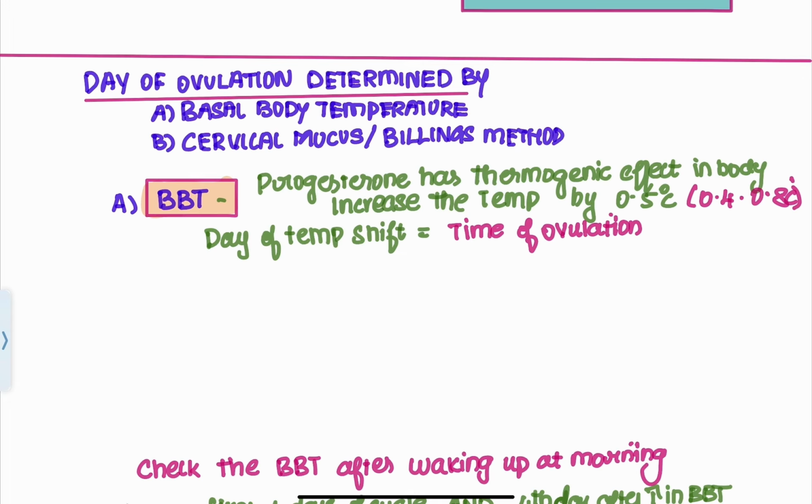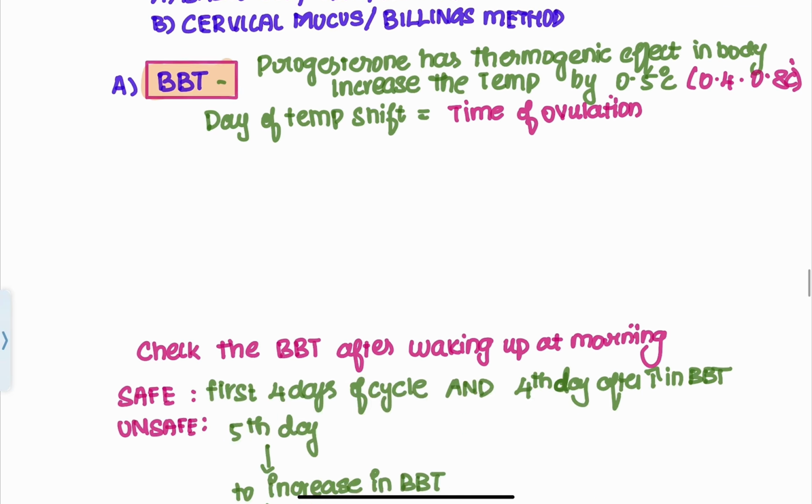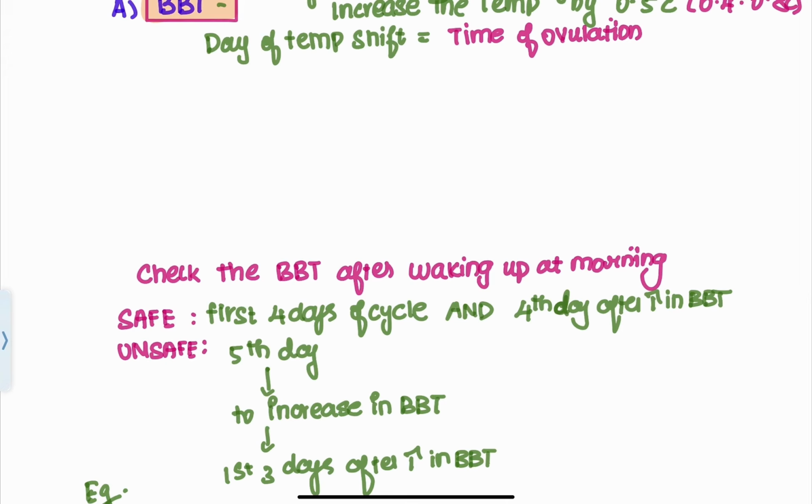So progesterone has a thermogenic effect and increases the core body temperature by 0.4 to 0.8 degrees Celsius. So what you are going to do is check the basal body temperature of the female after waking up every day in the morning. You are going to advise the female that after waking up, immediately in the bed itself, you're going to check your temperature, right?